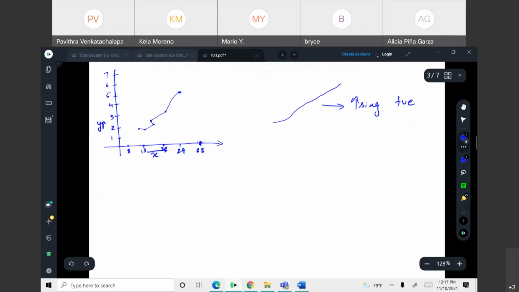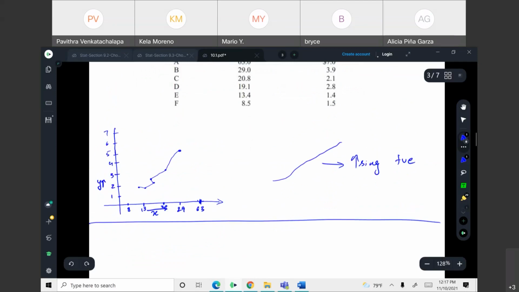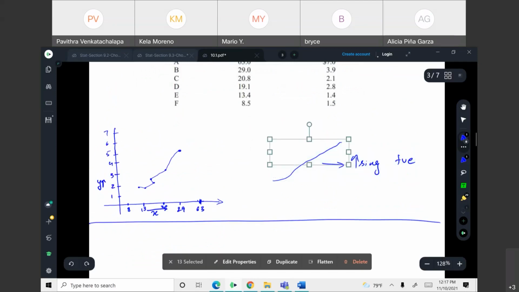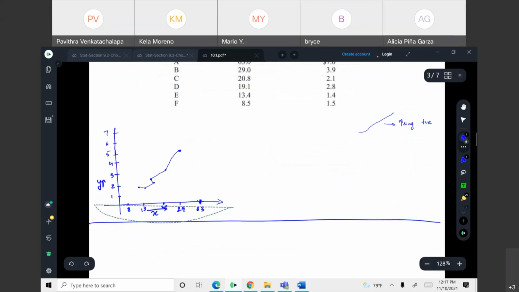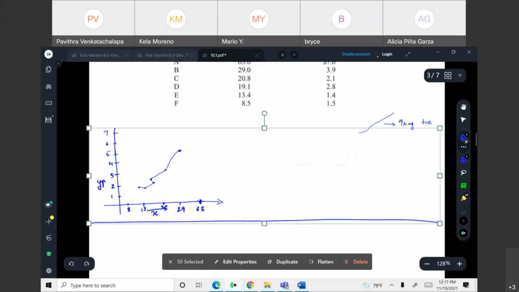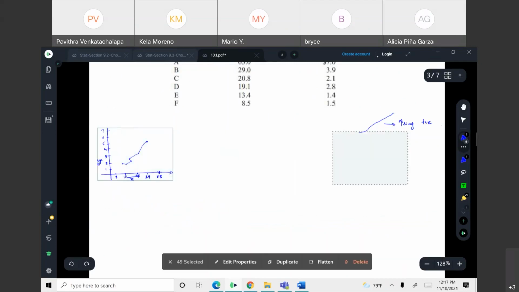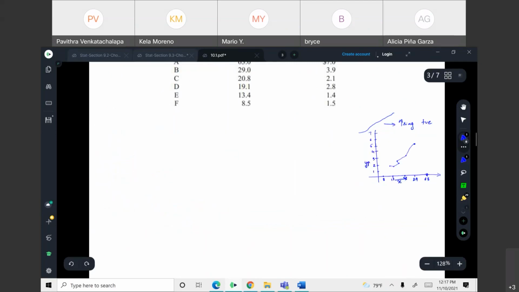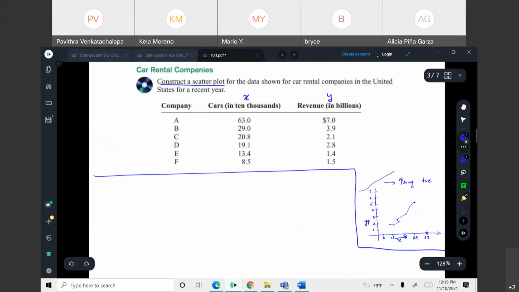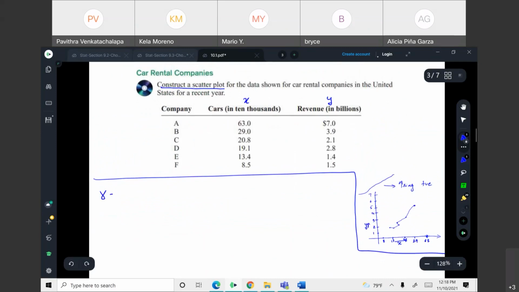Okay. Now for the same example here, I want you to calculate R. You just have to use your calculator.